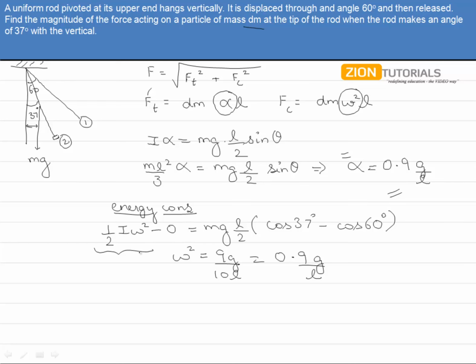So even if you integrate, it makes no difference. Putting the value of omega squared from here, and the value of alpha L into the tangential force, we get the force to be 0.9 root 2 dmg.